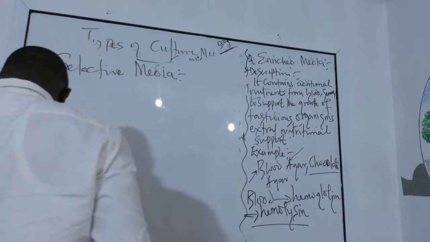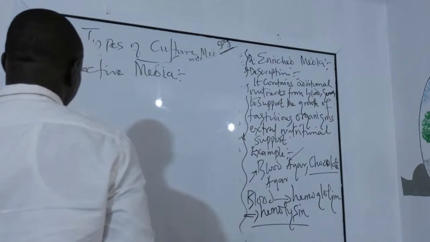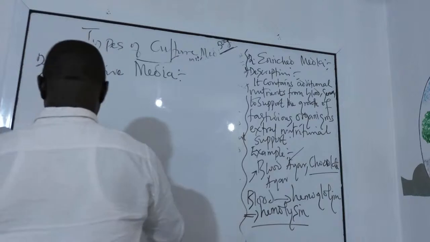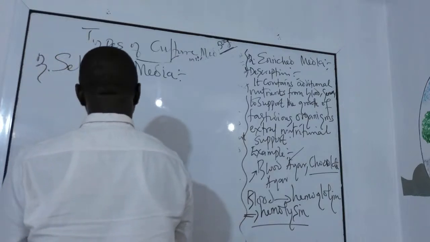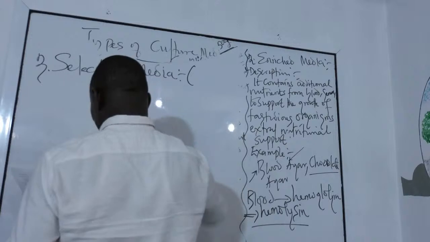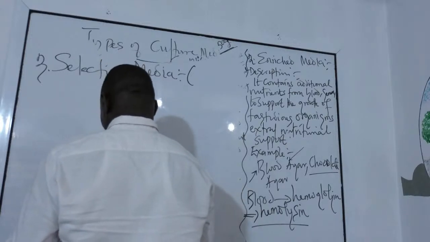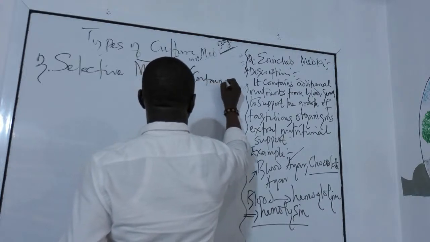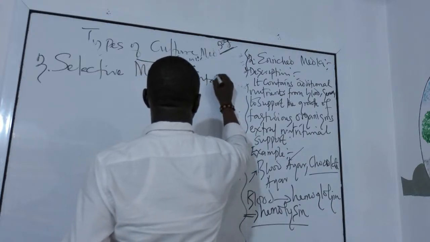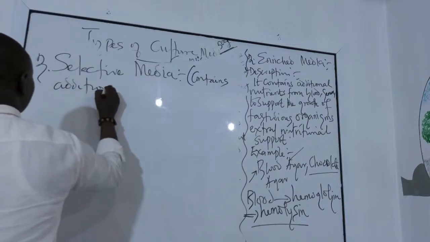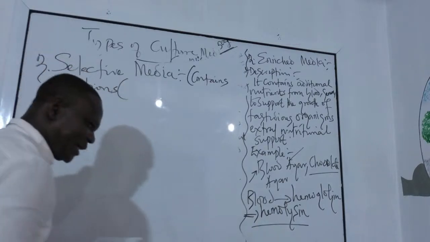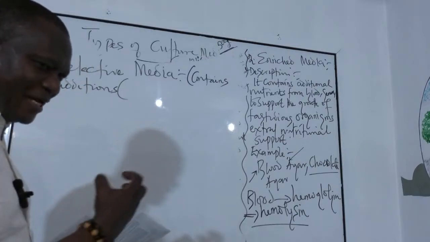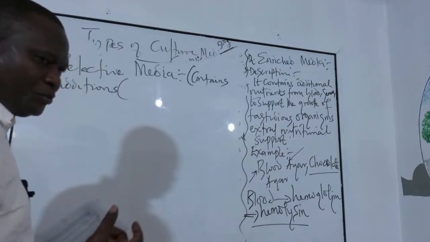Selective media. Now, just like I said, from the word select, it contains an additional material, called additives. It is like garnishing of soup.